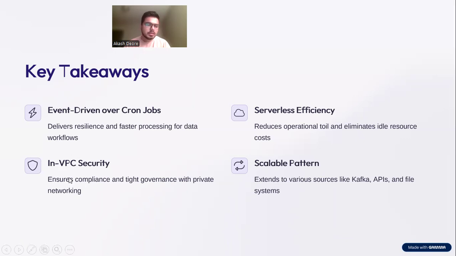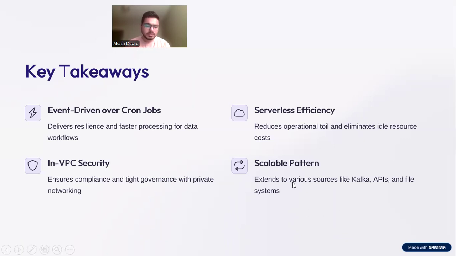Then security stays on premises because we are utilizing this service inside the customer's own private VPC. By deploying inside the customer's VPC, Datacoral keeps data private while still offering the SaaS convenience. And last one is scalable patterns.